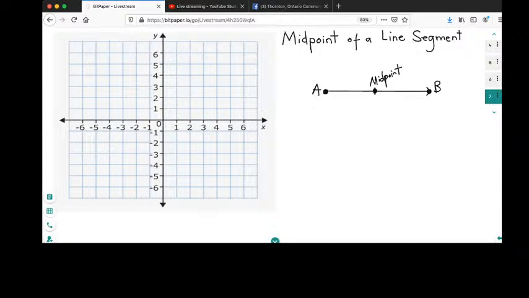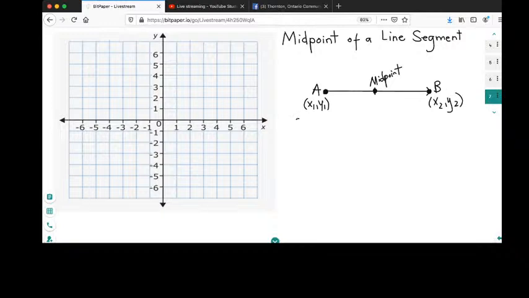And there is a mathematical formula for solving this. That formula goes like this, because usually they're going to ask you to solve this on a Cartesian plane. So let's say that A is at point (X1, Y1), and B is at point (X2, Y2), and I'll explain what that means in a second.